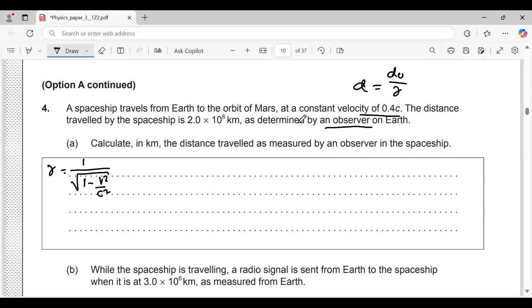So if v equals 0.4 c, substitute into this formula, it becomes 1 over square root of 1 minus 0.4 squared, 0.16 c squared over c squared, 1 over square root of 1 minus 0.16, and it is 1 over square root of 0.84.